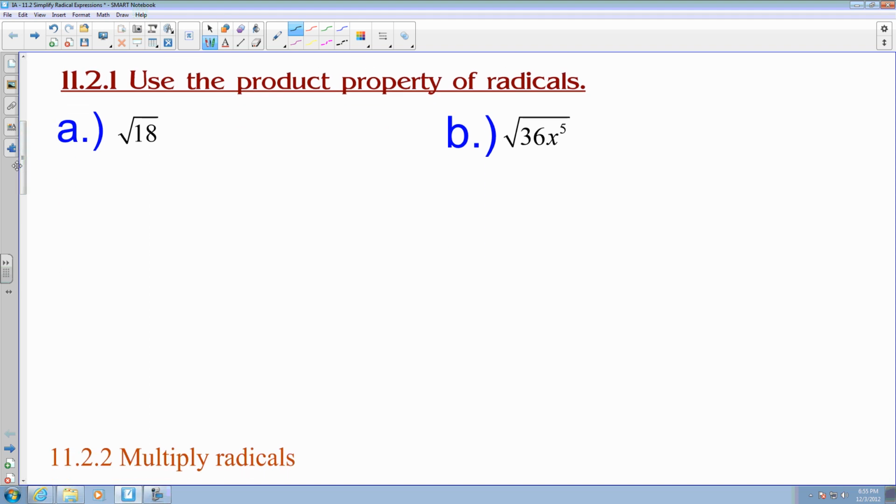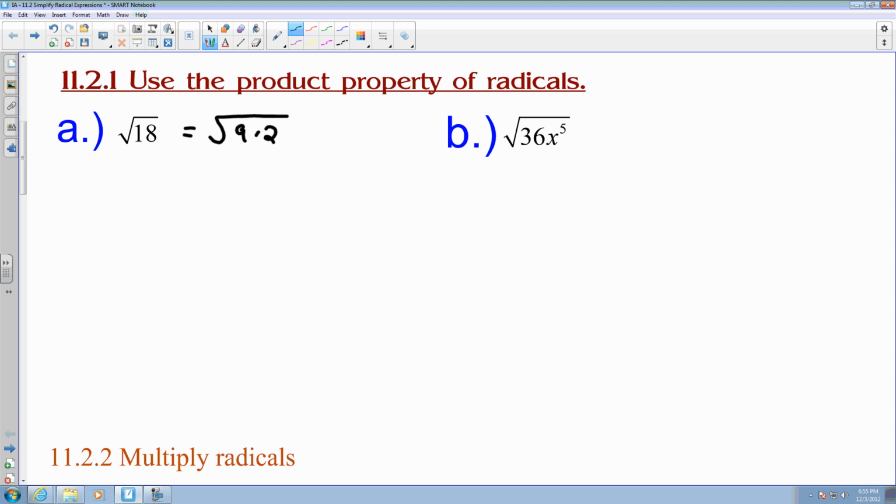For example, here in A, we have the square root of 18. Now, the square root of 18 doesn't come out as a whole number, it's not a square number, but there are some square numbers that are factors of it. So we could take it as the square root of 9 times 2, because 9 times 2 is 18.